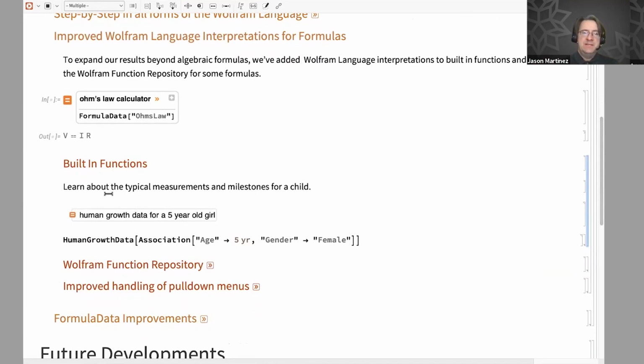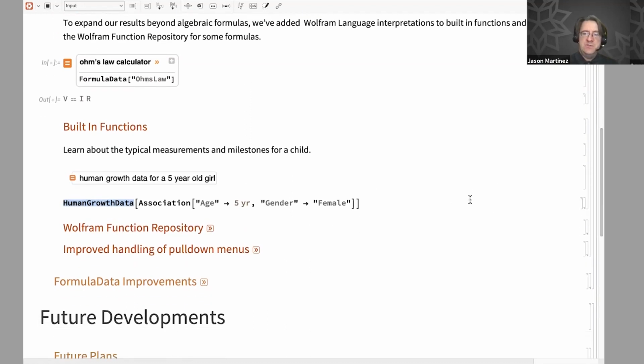So for example, if we have a built-in function with, say, human growth data, which is purely empirical, we're not going to have an algebraic expression for that, so it can't be in FormulaData, but we do have a HumanGrowthData function. We have a similar thing for Planck's radiation law and psychometric properties and those sorts of things.